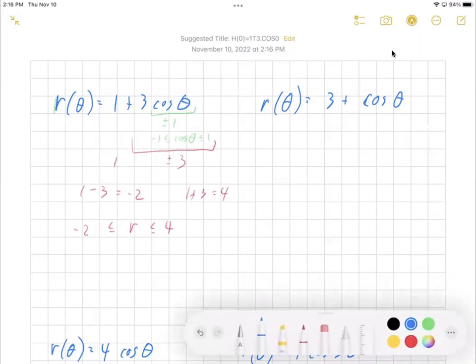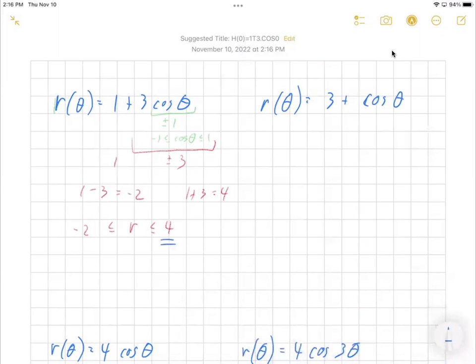First of all, we're expecting there to be some bubble that's going to go all the way out to a radius of 4. We're going to see a bubble because cosines fluctuate, or they cycle. So we're going to see some sort of lobe that goes all the way out to 4. But we're going to see a different lobe that goes to a radius of -2. That means it's a backwards bubble.